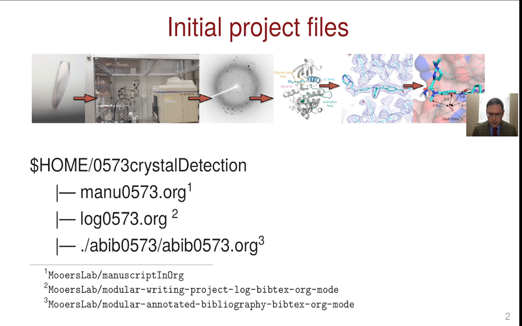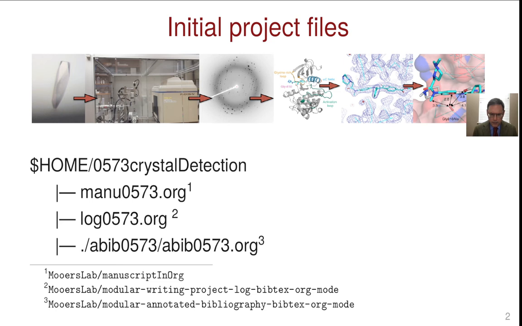When I start a new writing project, I will assign it a number. In this case, I'm developing a review article about the detection of crystals in images collected with microscopes, like the image in the upper left. And the article is about the utilization of AI to help with that detection of crystals.